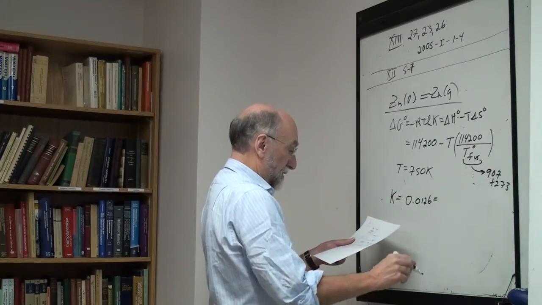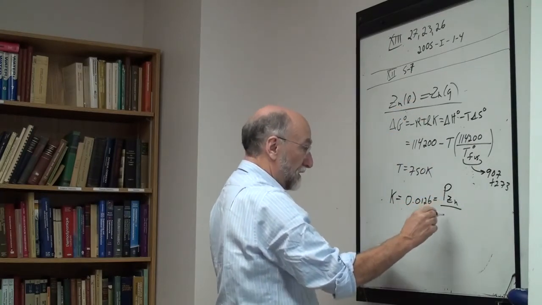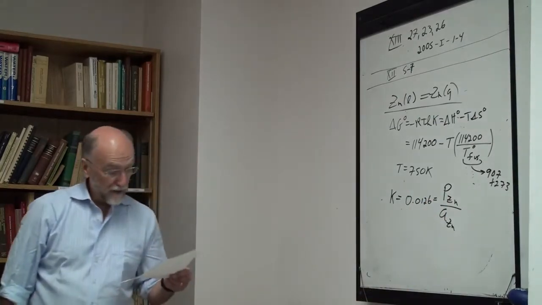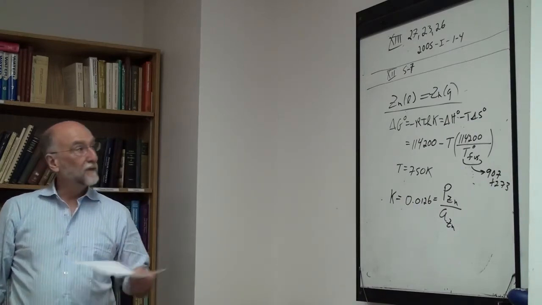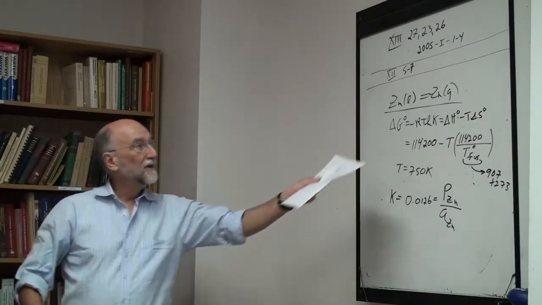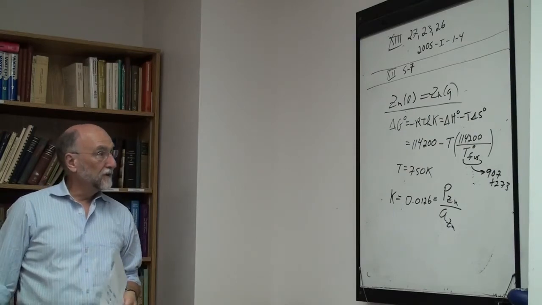The equilibrium constant is 0.0126, and that's equal to the partial pressure of zinc in the gas divided by the activity of zinc in the liquid. This is your reaction, liquid in equilibrium with gas.